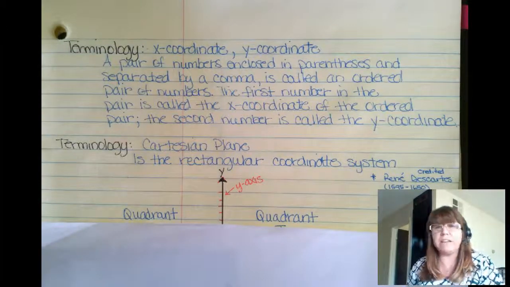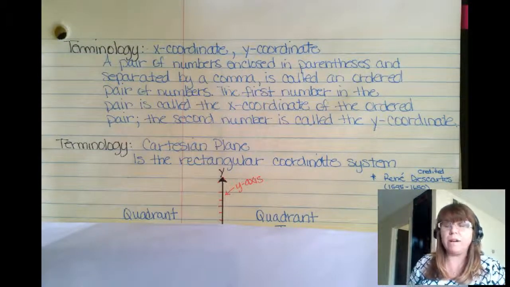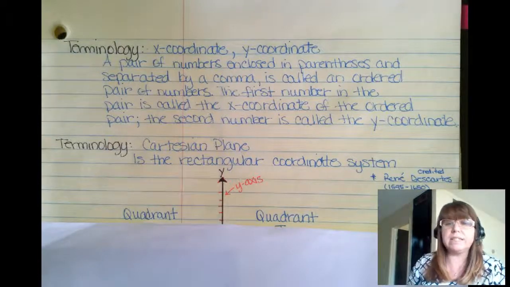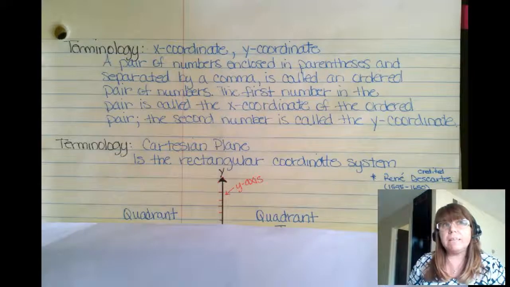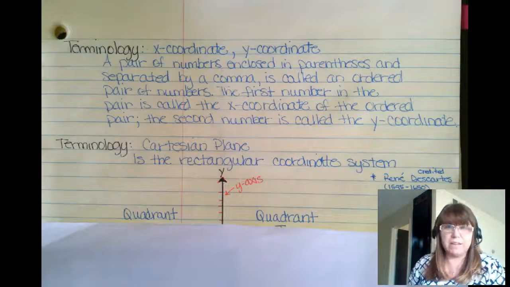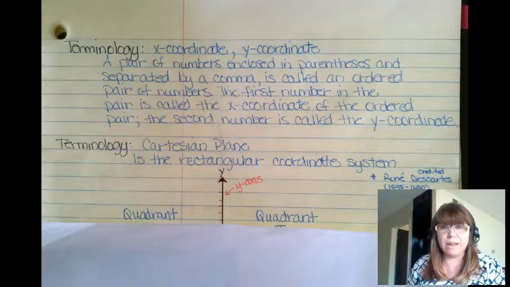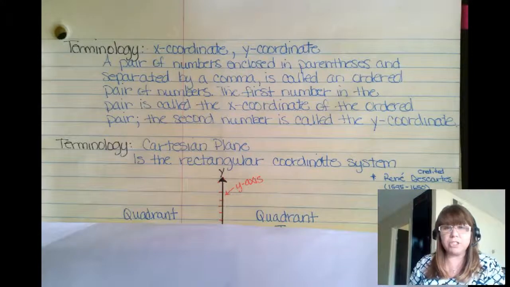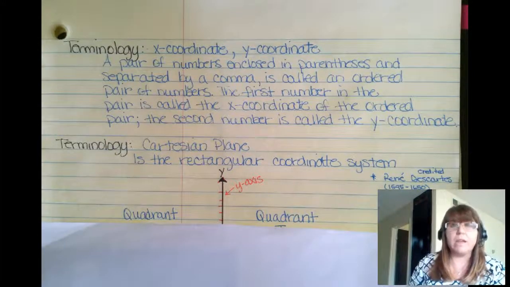It was actually made up by a philosopher by the name of René Descartes, a long time ago, in the late 1500s, early 1600s. He was a French philosopher, and he came up with that good old phrase of, I think, therefore I am. Now, I'm not a philosopher, I'm a mathematician, so how does this relate to math?